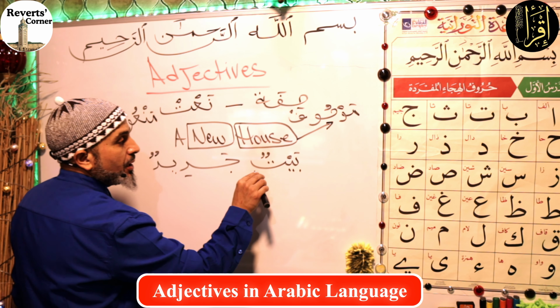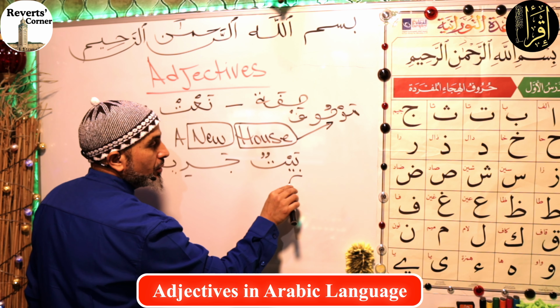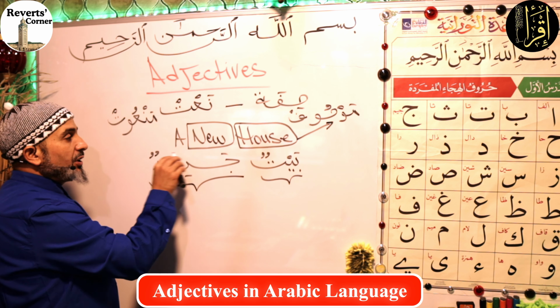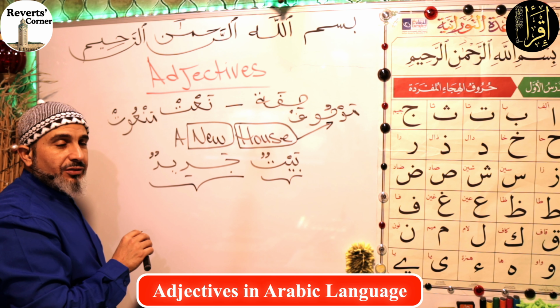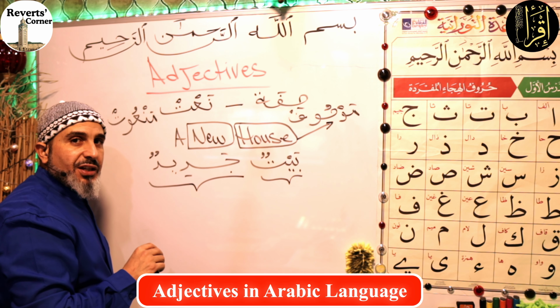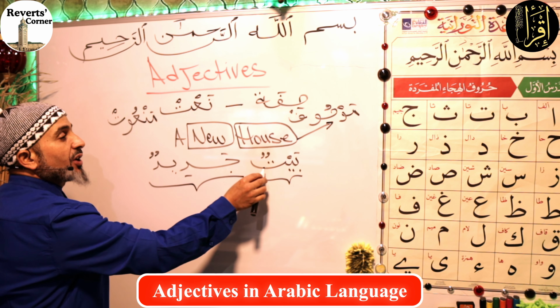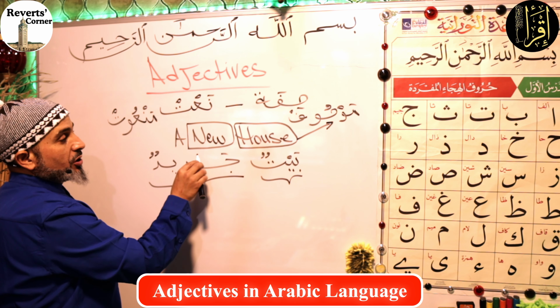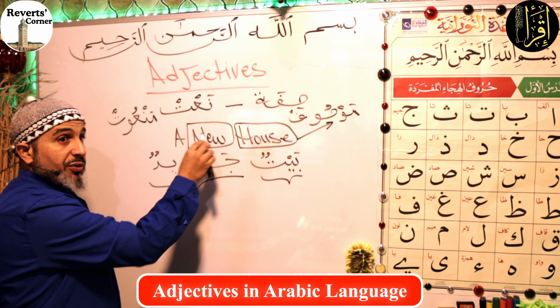Look at the Arabic. Baytun jadidun. Jadid is the adjective. It describes the bayt, another noun, but the adjective comes after the bayt. Here, the English, new, comes before.